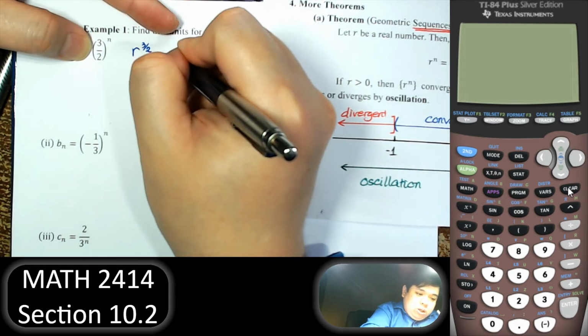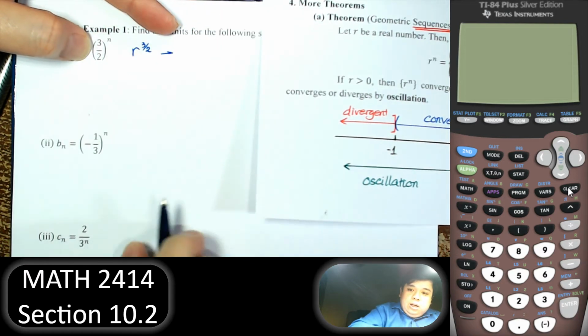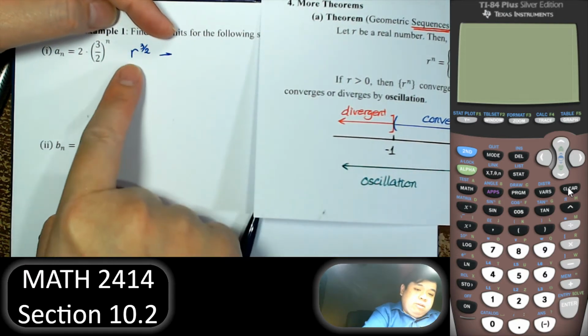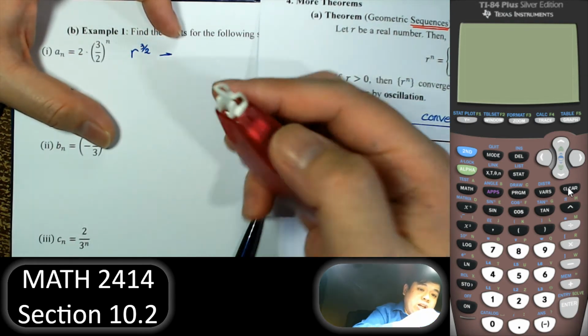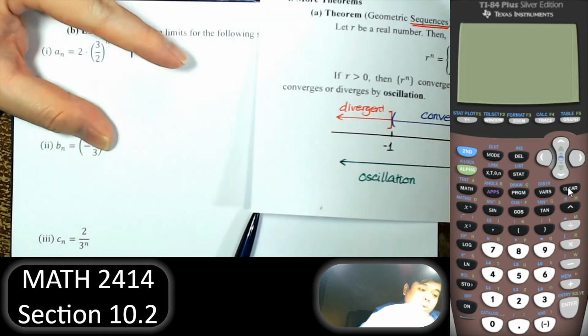If we have that term, then the limit of this goes to infinity, or the limit of that does not exist. We worry about the limit.